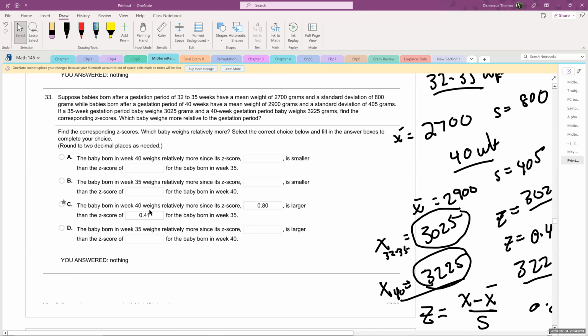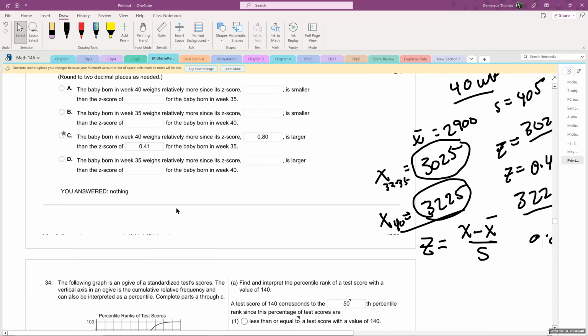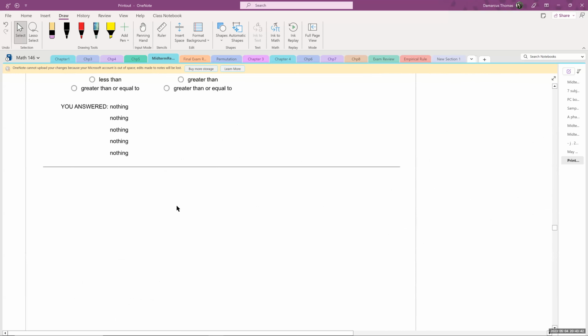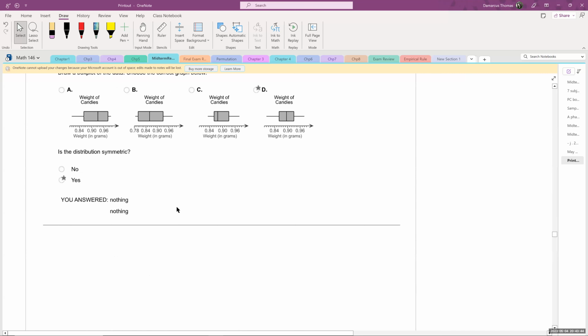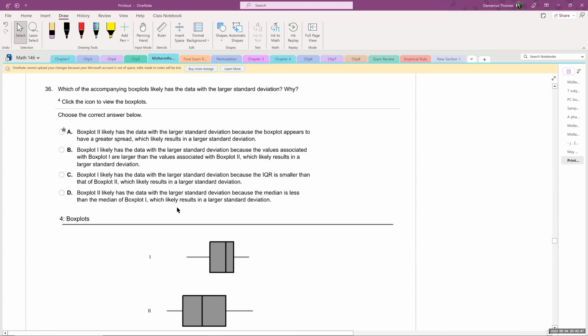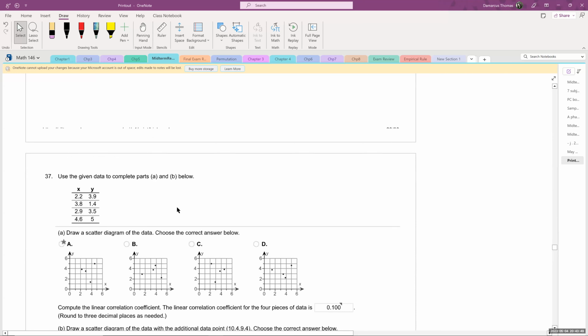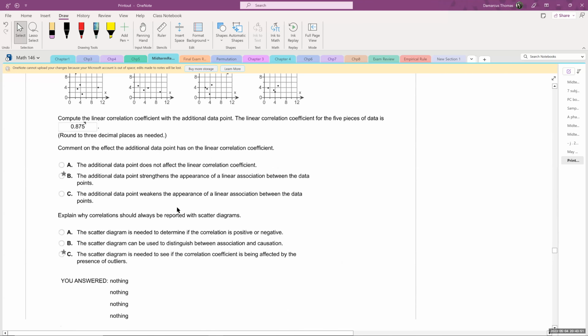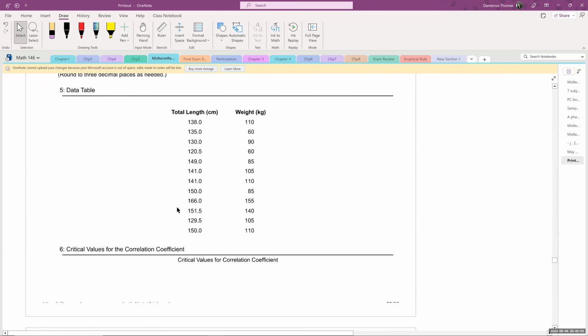So the 40-week baby will relatively be more. The z-score was 0.8, and that's larger than the z-score of 0.41 for the baby born in week 35. So we have C, and that seems very reasonable.